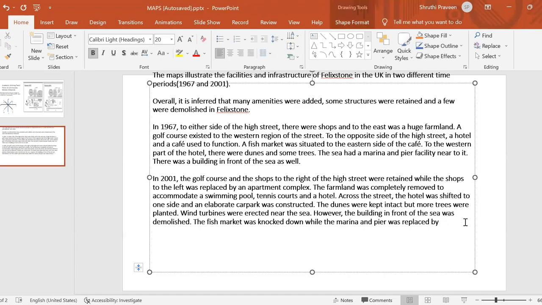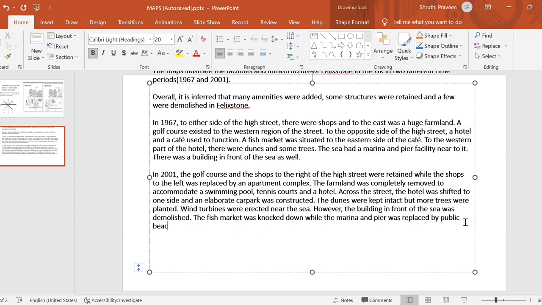Marina and pier were replaced by the public beach, while a private beach was opened in the place of the fish market.